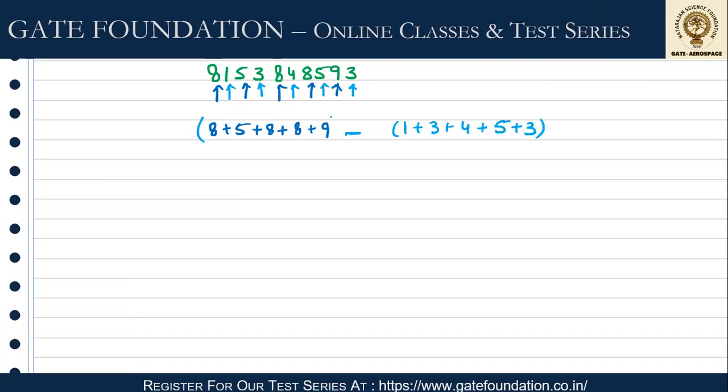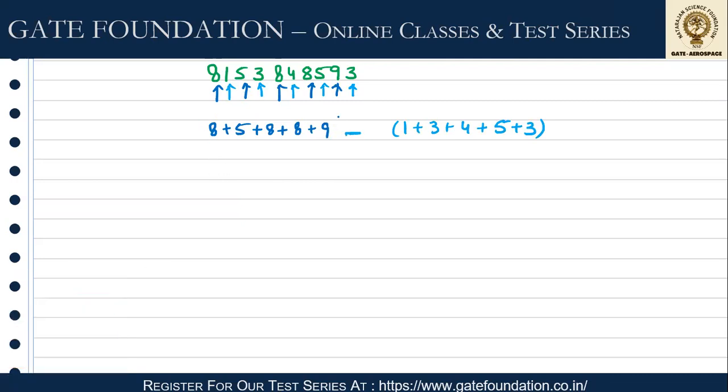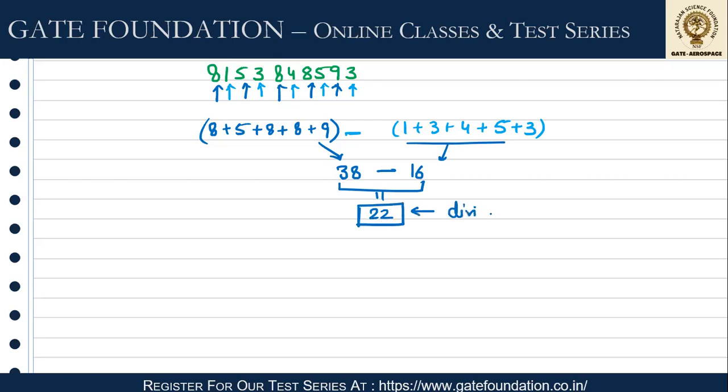Certainly it should be a number divisible by 11. So 8, 13, 21, 29, 38, and 1, 4, 8, 13, 16. So 38 minus 16 gives 22, and 22 is divisible by 11. So this entire number will be divisible by 11.